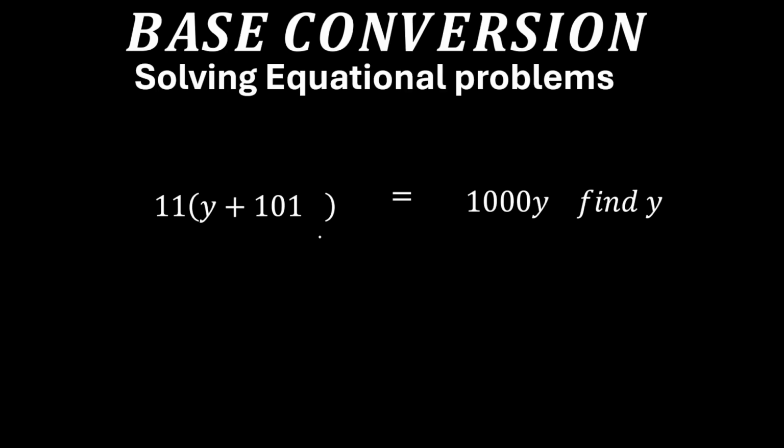But that is not where I'm going. The key principle here is that if there is no base in what you are to solve, when it comes to equations in number bases, you can do your operation directly without converting to base 10.